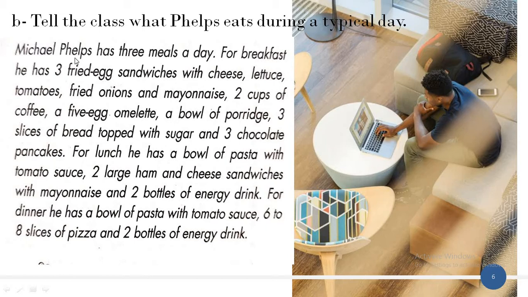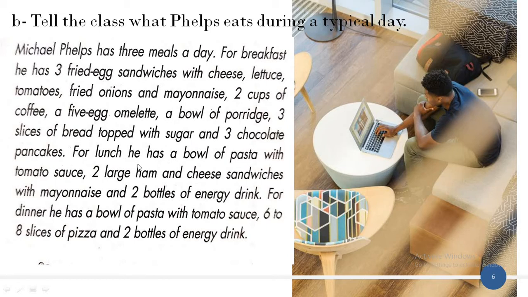For breakfast, he has 3 fried egg sandwiches with cheese, lettuce, tomatoes, fried onions, and mayonnaise, 2 cups of coffee, a 5-egg omelette, a bowl of porridge, 3 slices of bread topped with sugar, and 3 chocolate pancakes.